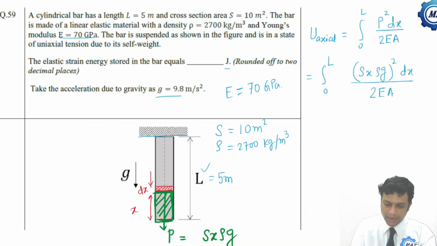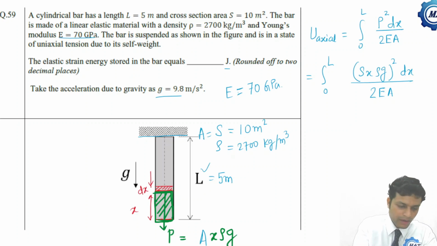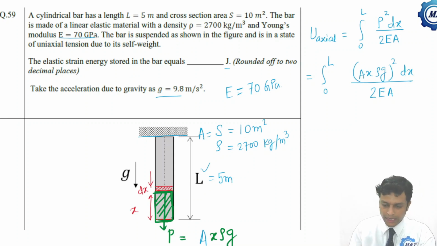by 2EA. Sorry, I'm extremely sorry, because we have defined here area by S, and then our actual notation for area is A. So I'm considering that area is A, not S, otherwise there may be confusion.